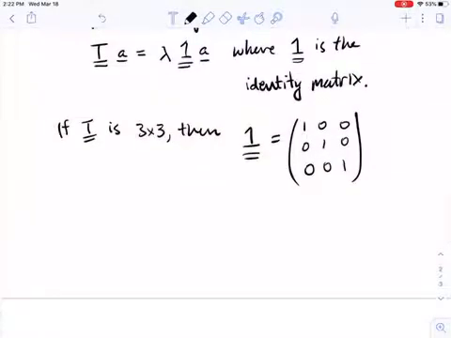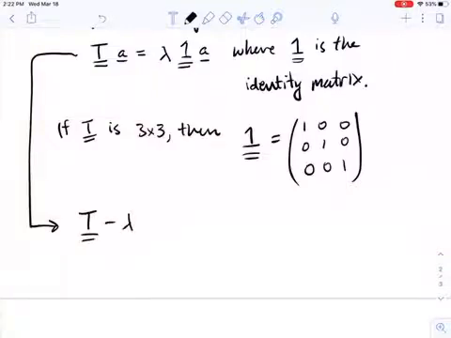Okay, so let's take this thing, and what we could do is we could say, well, I could write that as T minus lambda times I, all multiplying the column vector A. So I've effectively just subtracted the lambda times 1 times A and brought it over the other side, and so that would leave a column of zeros on the other side.